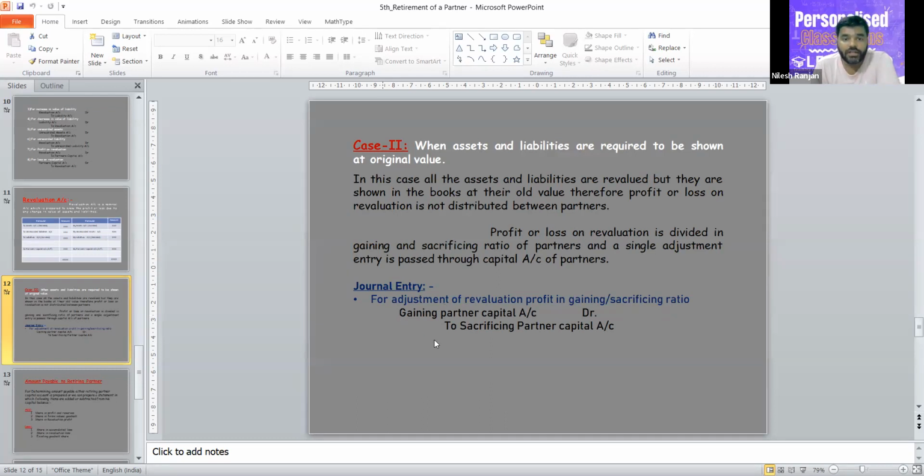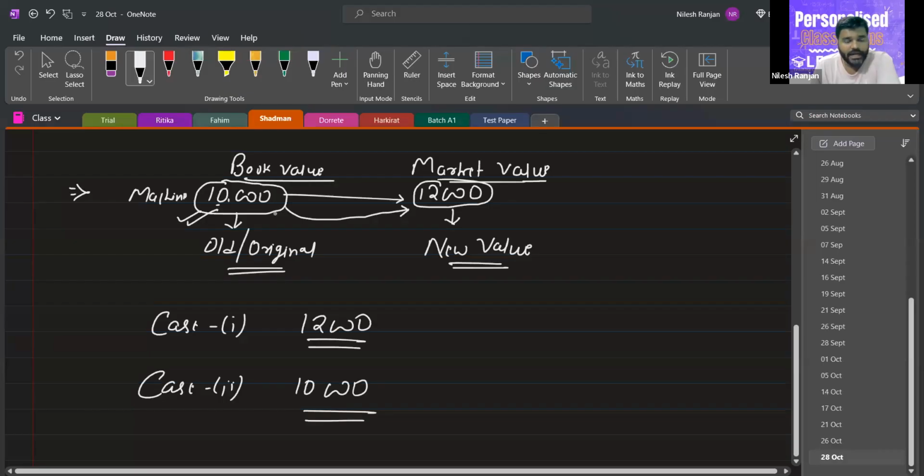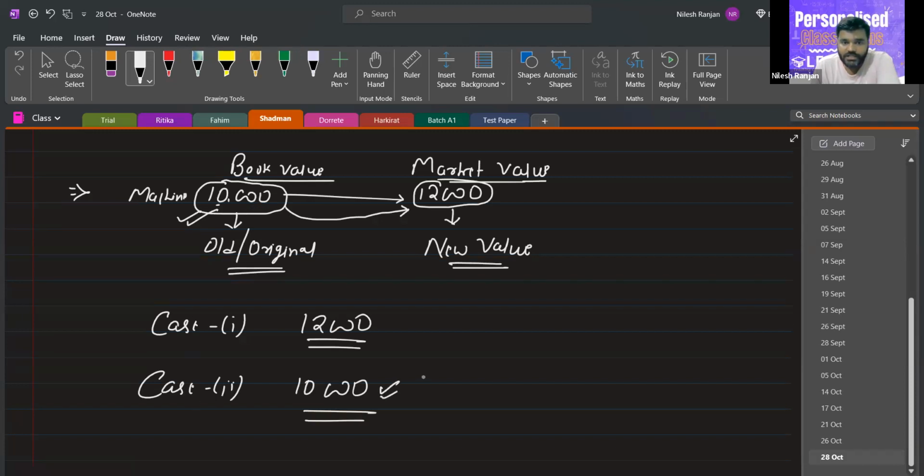Okay. And for adjusting the partners' capital account, we need to understand one thing here. I told you that in the second case, the asset will be recorded at 10,000. Here, the old book value is also 10,000 and it is recorded at 10,000. So there is no change in value. Yes or no?